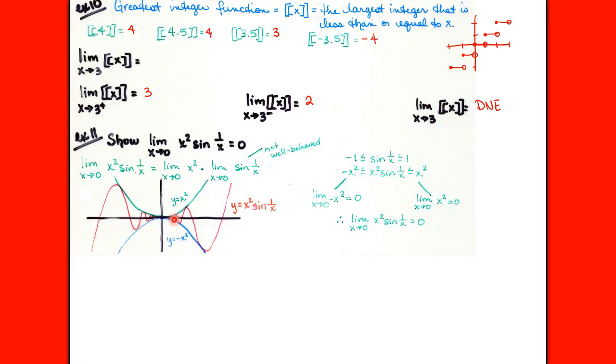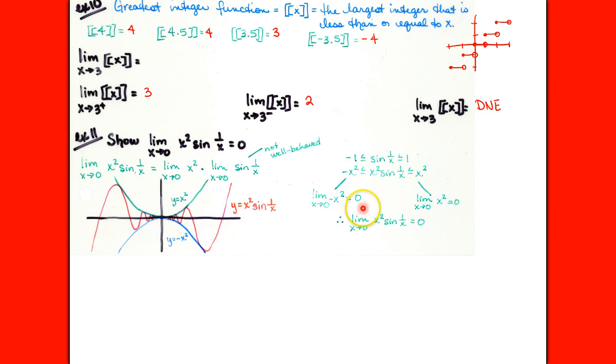And here's what the squeeze theorem would do. I could go through and say, okay, I know the limit as x approaches 0 of this top function, x squared. Of course, the limit as x approaches 0 of x squared is 0. It's polynomial. It's well behaved. And I know the limit of this bottom function, y is equal to negative x squared, at 0, that's polynomial.